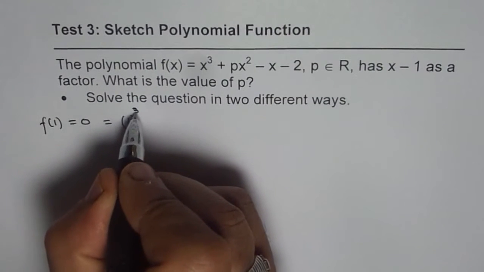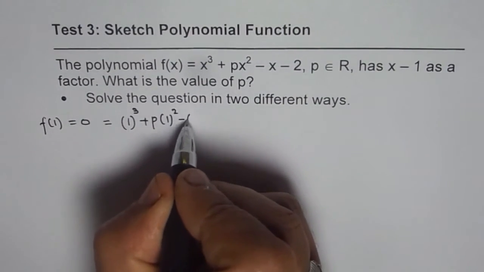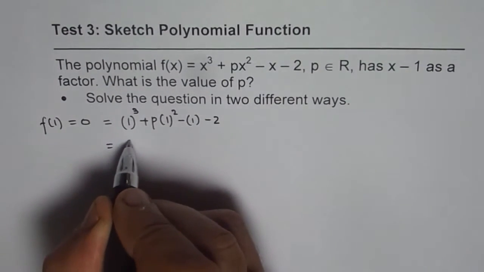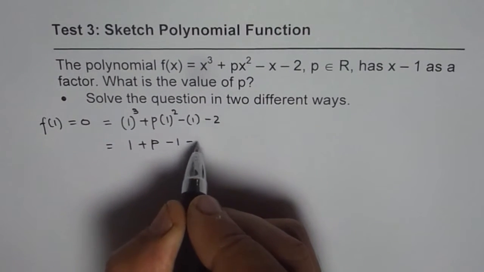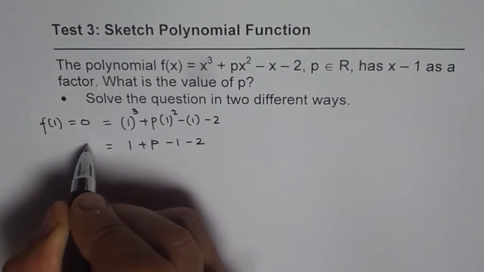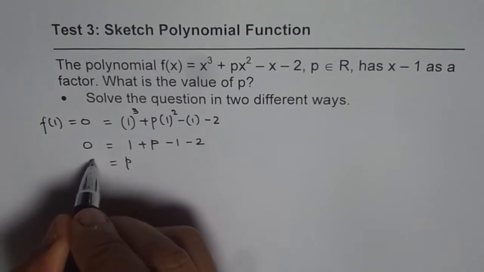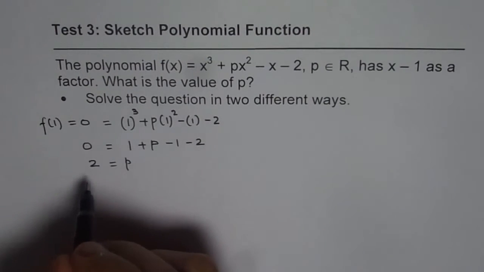So we get 1 cubed plus p times 1 squared minus 1 minus 2, so that is 1 plus p minus 1 minus 2 equals 0. So that gives us the value of p as 2. That is one solution which we have got.